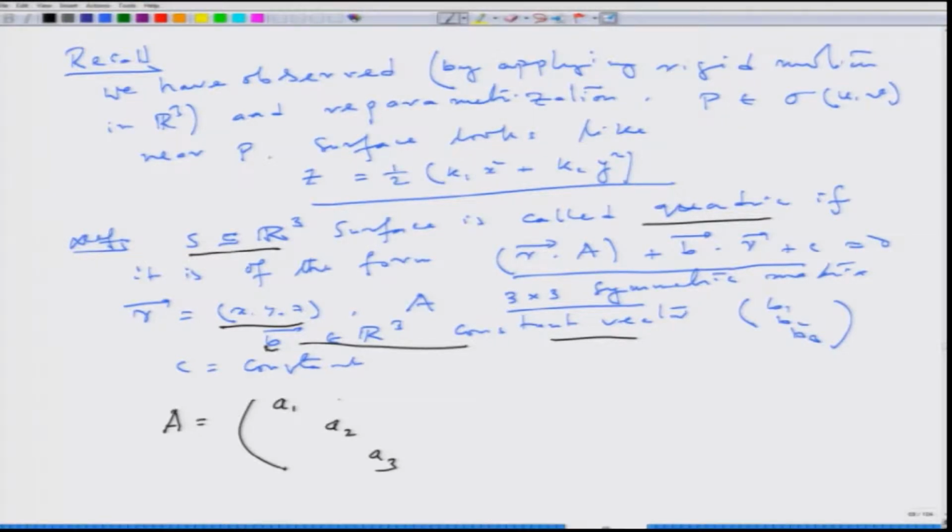If I put A4 here, then I have to put A4 here. I put A5 here, I have to put A5 here, and A6, A6. That makes a symmetric matrix, right. This is just for convenience that I write it in this way, because in the proof we will be manipulating with these numbers.